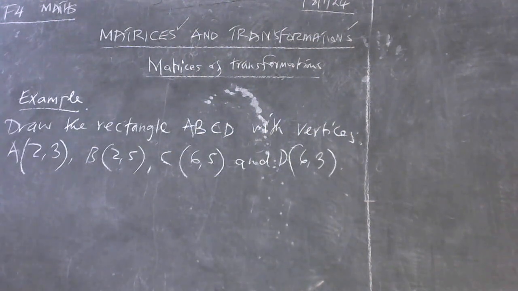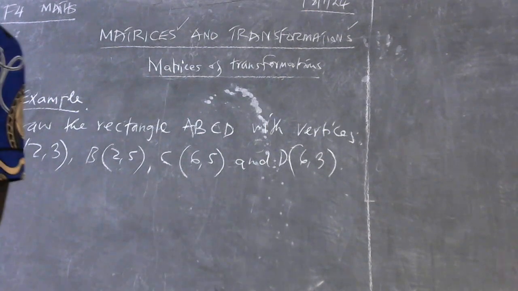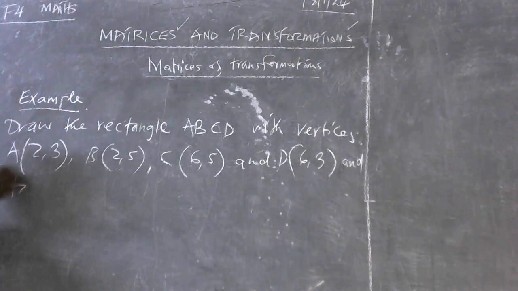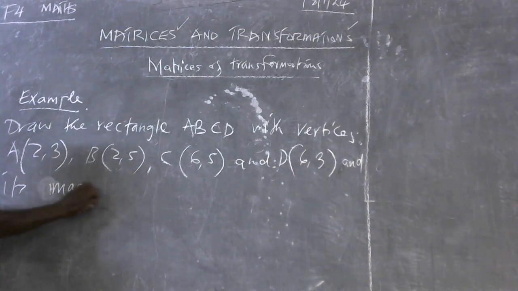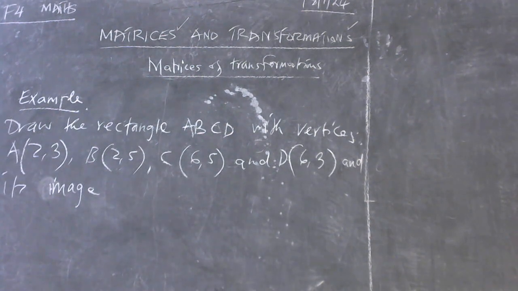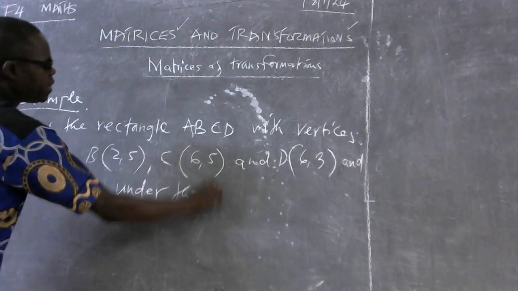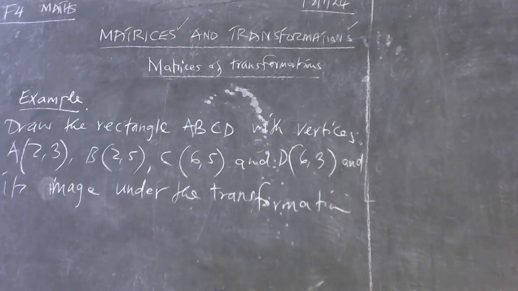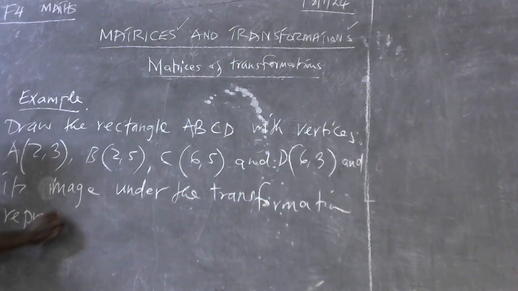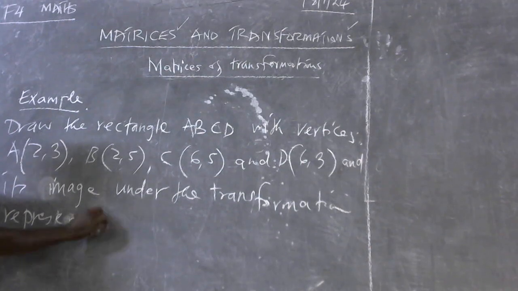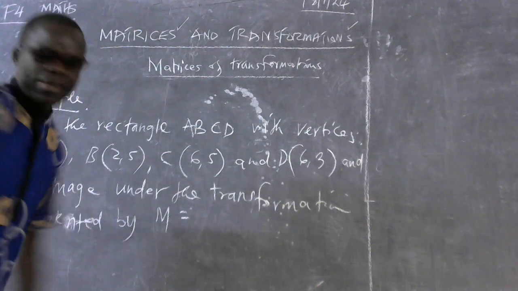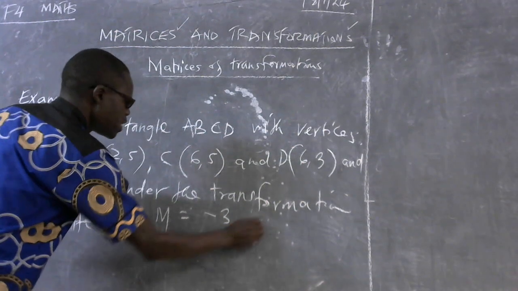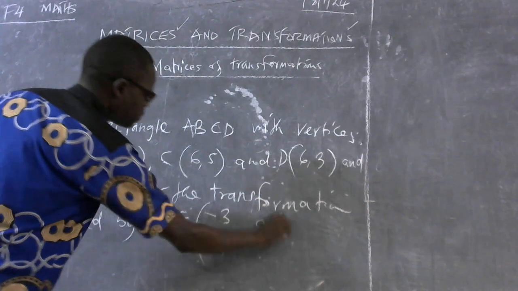And its image under the transformation represented by the matrix negative 3, 0, 1, negative 2.